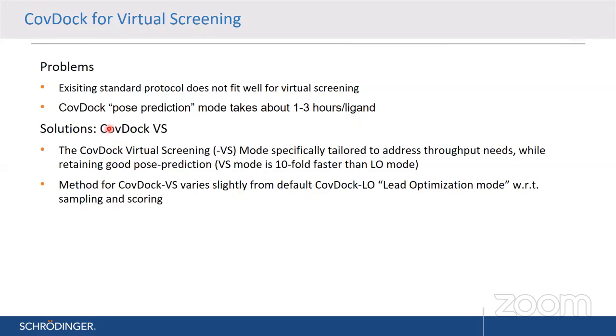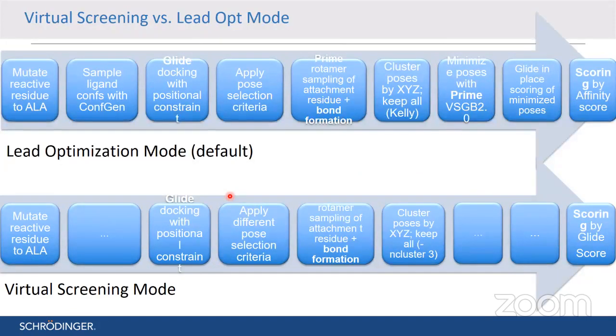But in the same GUI, we have a separate methodology called CovDock VS, which is nothing but covalent docking virtual screening mode. This one is lead optimization mode, and this is virtual screening mode. So obviously it is going to take a little less time than your normal lead optimization protocol.